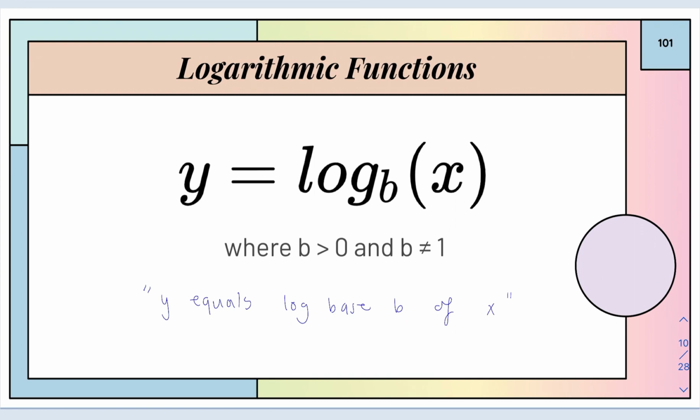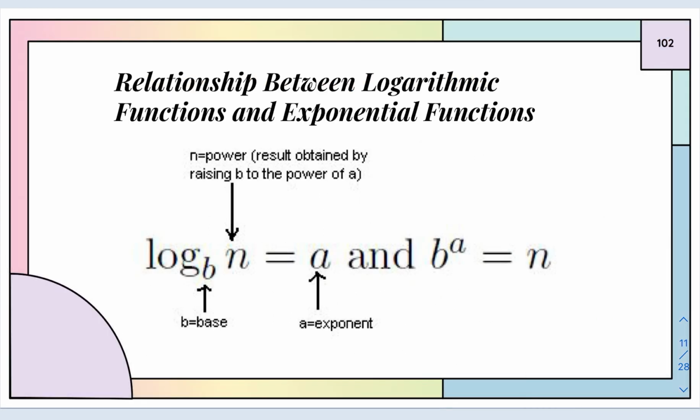And because it's the same as the exponential function, b still has to be greater than 0 and b cannot equal 1. This is what a logarithmic function looks like. The base can be anything so long as it's positive and not 1. And again, we say this is y equals log base b of x. And when we go to graph logarithmic functions, this is our parent function. This is what we're going to start with.